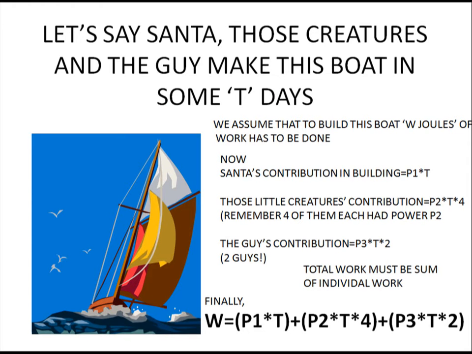So we assume that to build it, W joules of work has to be done, and now the contribution of Santa will be P1 times T. Those little creatures will contribute 4 times P2 times T, and those couple of men would contribute P3 times T times 2. So the total work that must be done would be the sum of individual works, which you can see here.